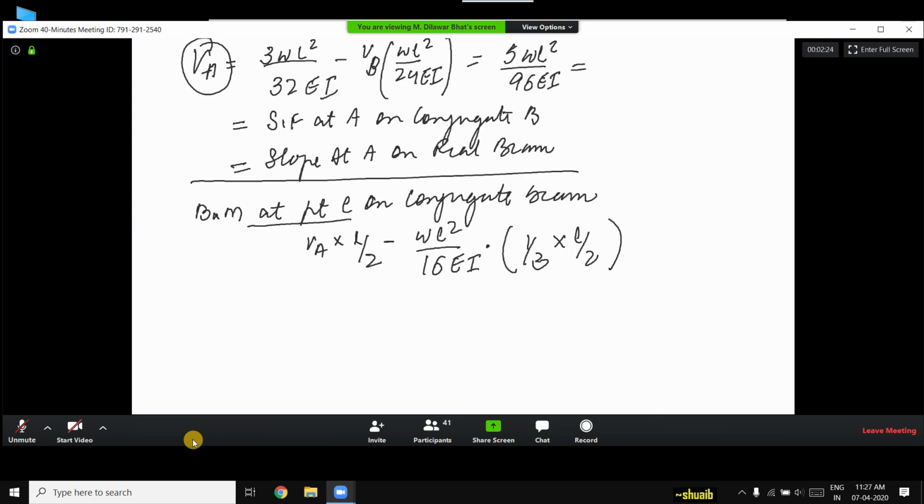Now this is your bending moment at point C on the conjugate beam, which is VA, the reaction at A, multiplied by L by 2, minus WL square by 16 EI times the centroidal distance.